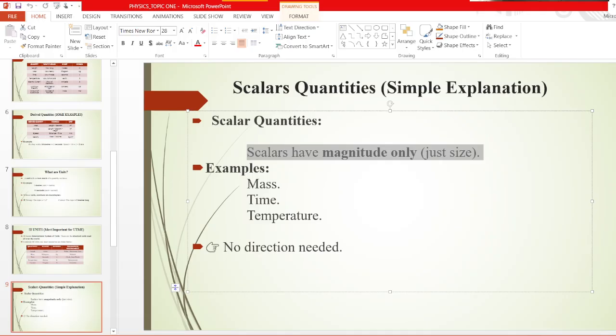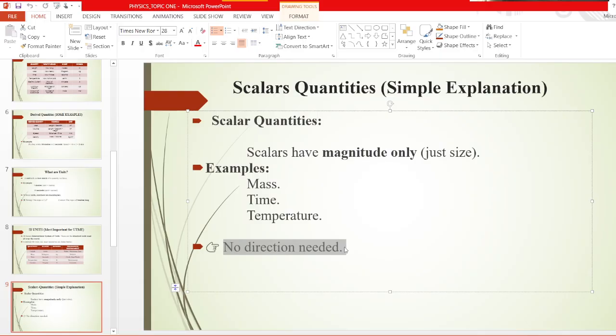They have no direction. So it is important you know that scalar quantities just have magnitude and no direction. And for easy understanding, take note that magnitude refers to size.